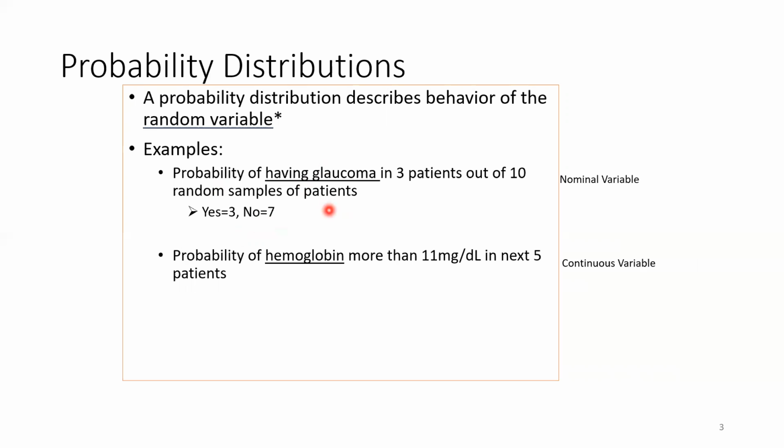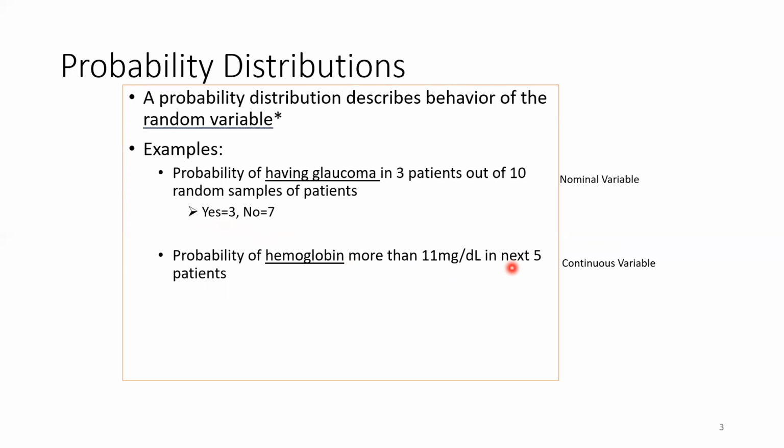In the other scenario, when we have hemoglobin as our variable of interest, that is a continuous variable. A continuous variable behaves differently than a categorical variable when we are measuring them, because a continuous variable has continuity while the nominal variable has distinct categories, like yes or no. Hemoglobin has a range of values which can be uncountable.